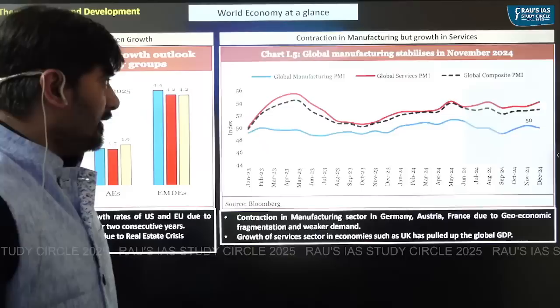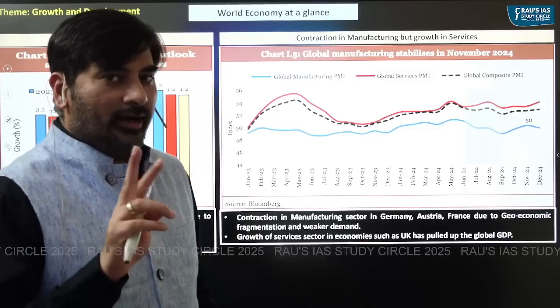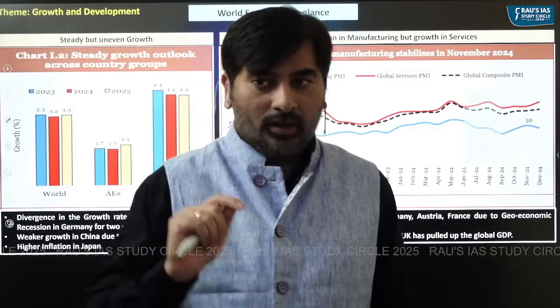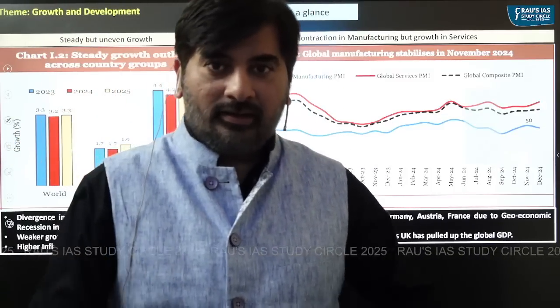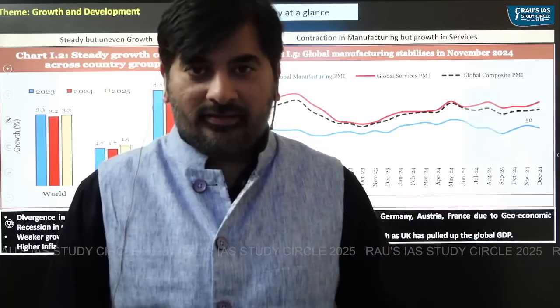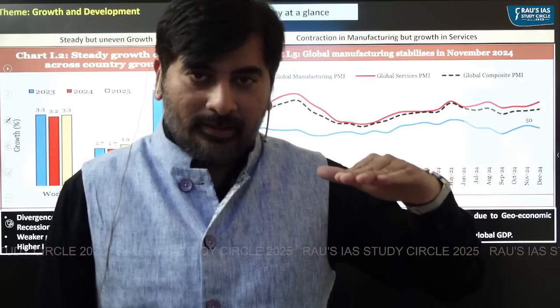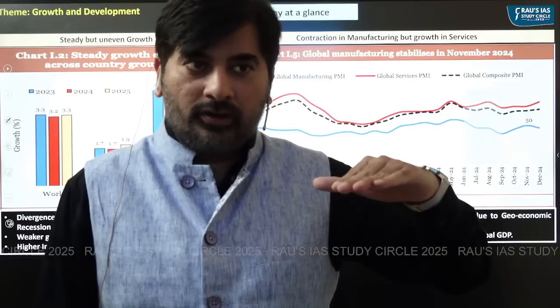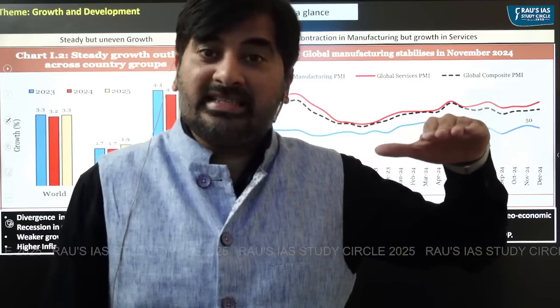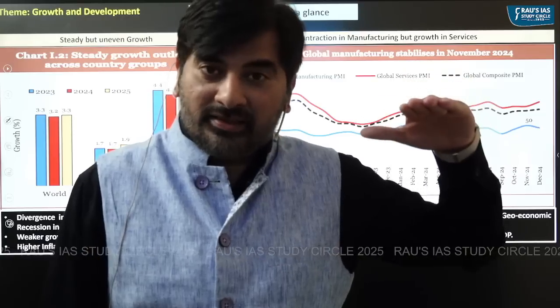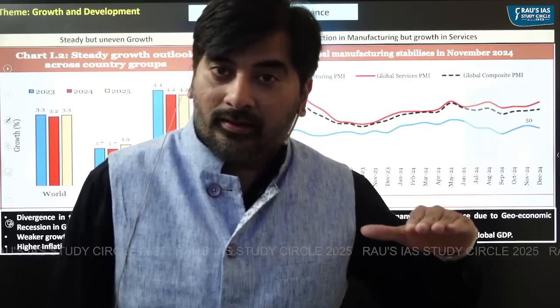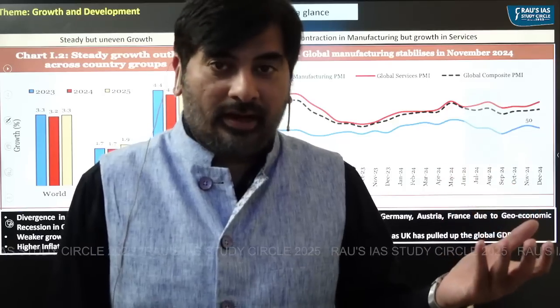As far as the global economy is concerned, there are two dominant sectors. One is the manufacturing sector, the other one is the services sector. As far as the manufacturing sector is concerned, the economic survey has pointed out that in most of the major economies, the manufacturing sector has contracted. Why has it contracted?